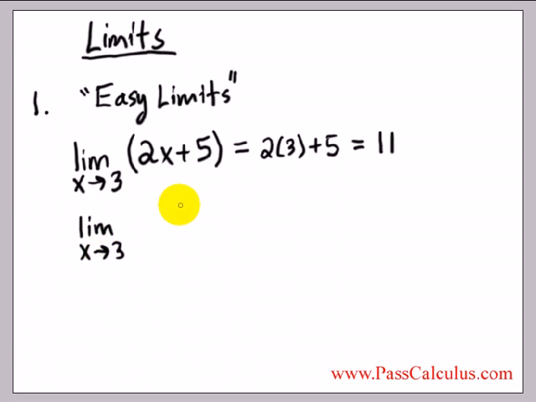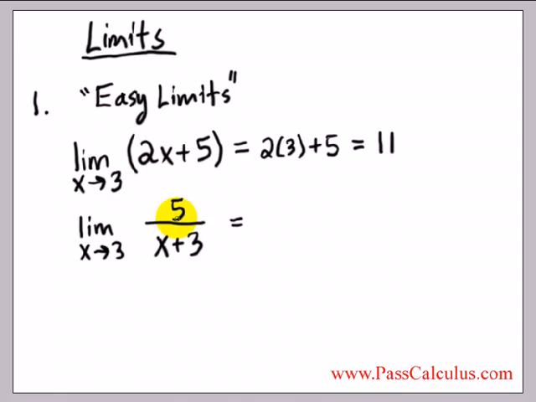What about something like this? The limit as x goes to 3 of x plus 3 over... Whenever you do a limit, you should always put the number into the function and see what you get. If you get a 0 on the bottom or a 0 on the top or something like that, then you have to maybe think a little bit harder.